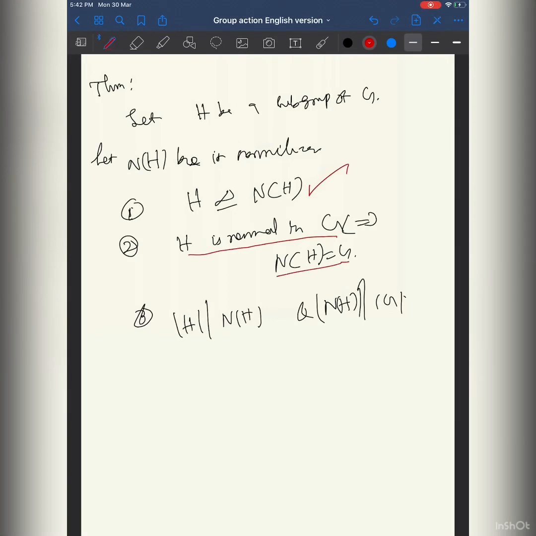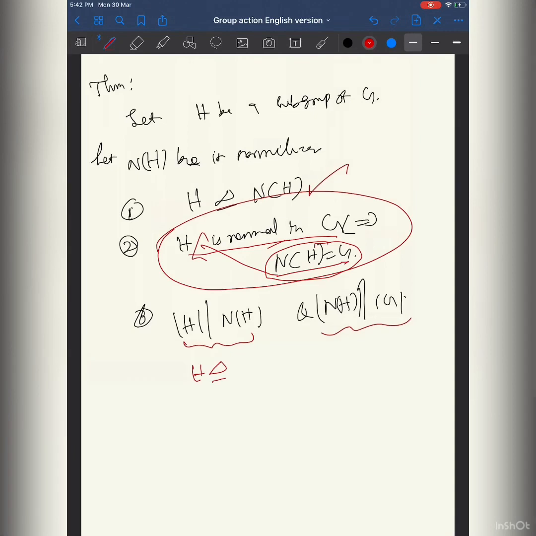When H is normal in G, that largest subgroup is G itself, so N(H) equals G. That is also what I explained; this is a resummarizing. This is Lagrange's theorem: H is a subgroup of N(H), so its order divides, and N(H) is a subgroup of G, so its order divides. Okay, fine. In the upcoming videos I will prepare and prove Sylow's theorems 1, 2, 3.